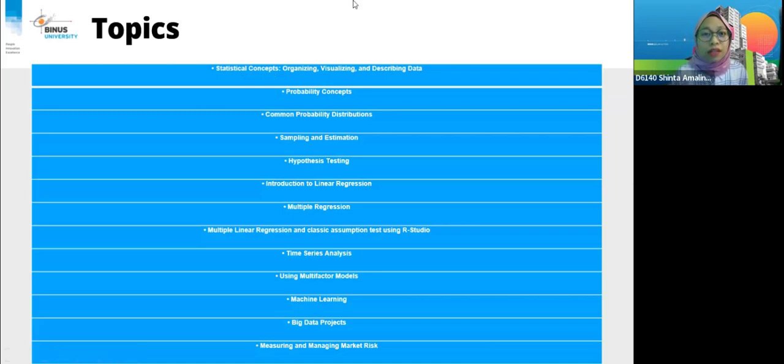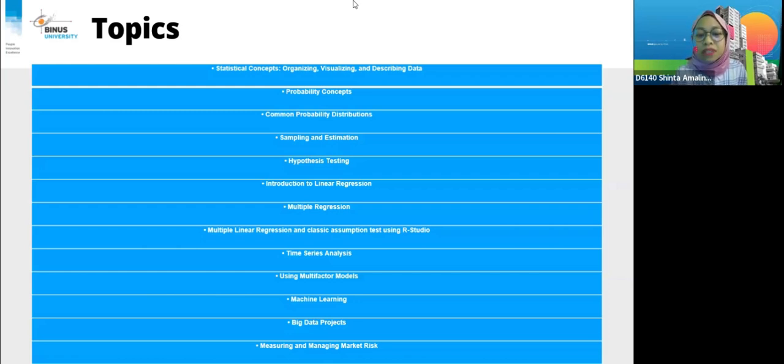The first is the statistical concepts, which is organizing, visualizing, and describing the data, then probability concepts, common probability distributions, sampling and estimations, hypothesis testing, and introduction to linear regression, and we move forward with multiple regression or multiple linear regression. Those are the same.